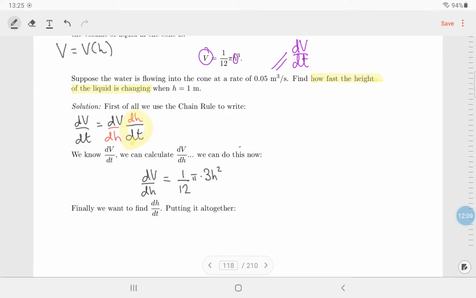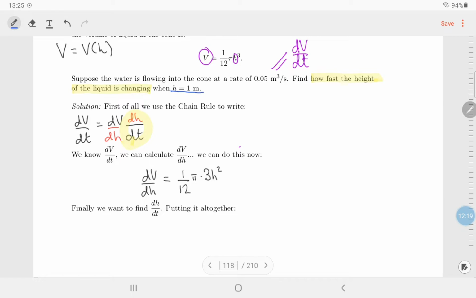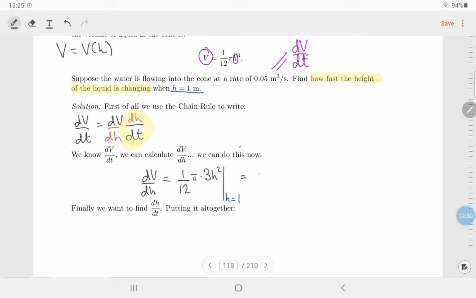So we know dV/dt, we know dV/dh, and what's interesting is we're interested in the point where h is equal to 1. So we should substitute h equal to 1 into this to find dV/dh at the point we're interested in. So this would be 1/12 π by 3 by 1 squared.